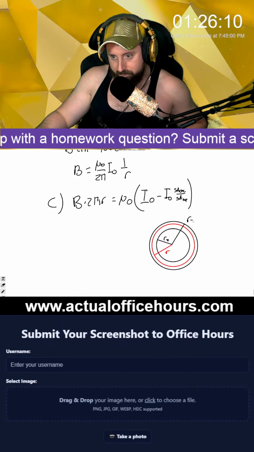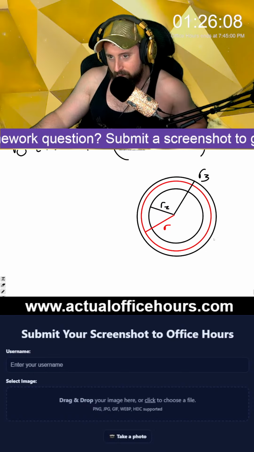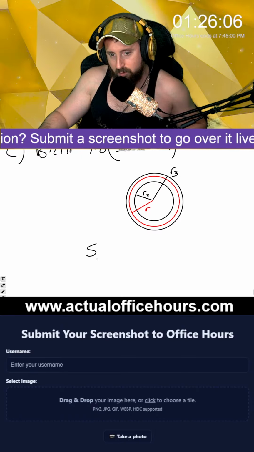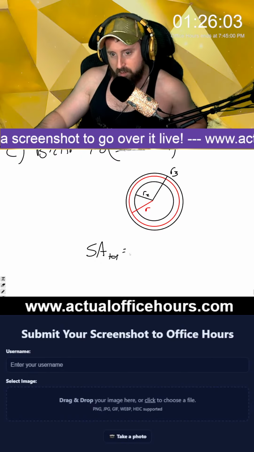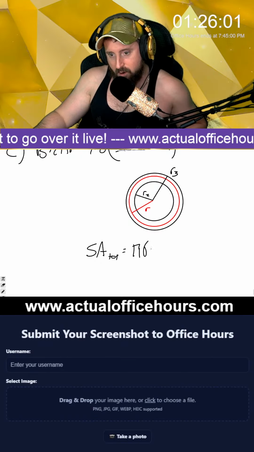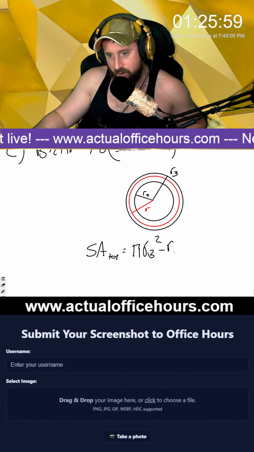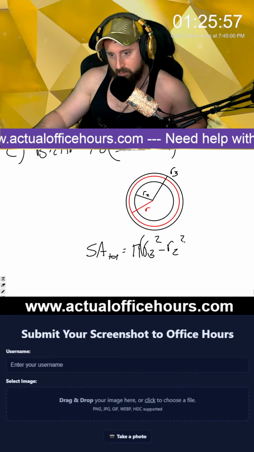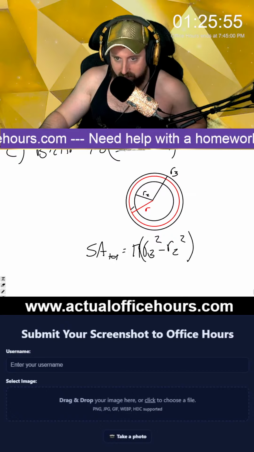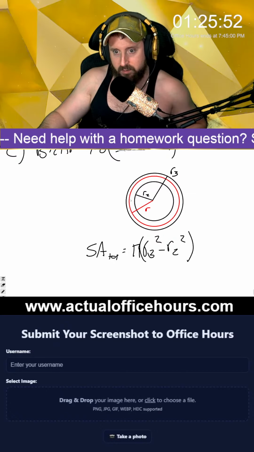And then this is R3. So the total area, SA total, is equal to pi R3 squared minus R2 squared. Right? Because it's a donut technically.